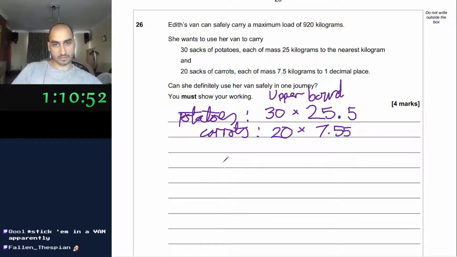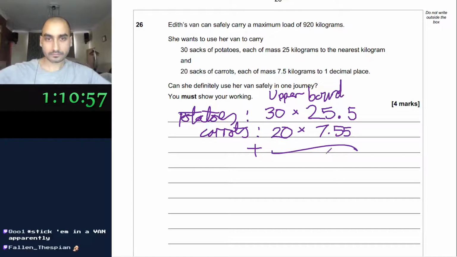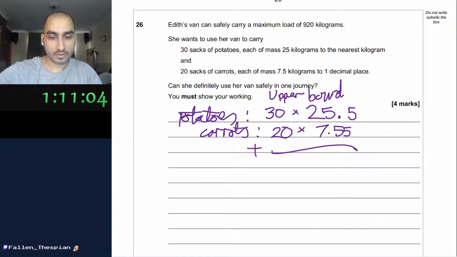Okay, so what have we got? 30 times 25.5 plus, brackets, 20 times 7.55. 916.